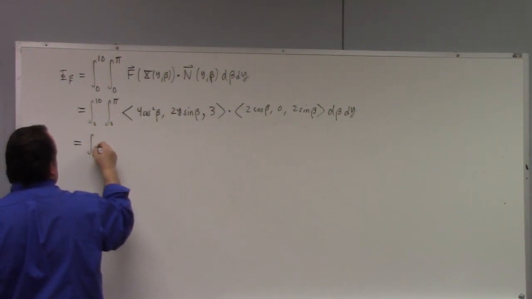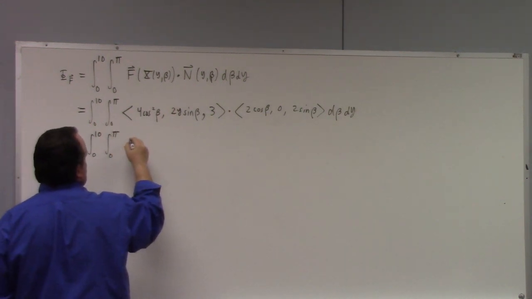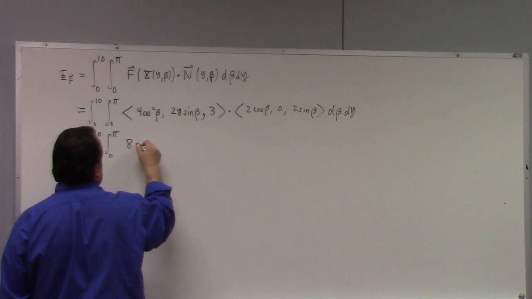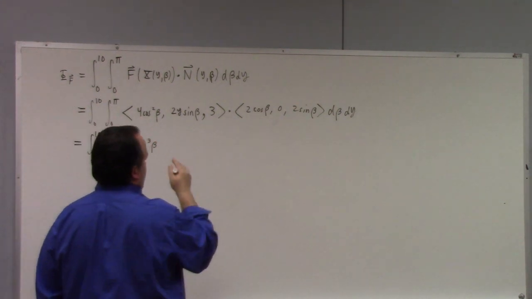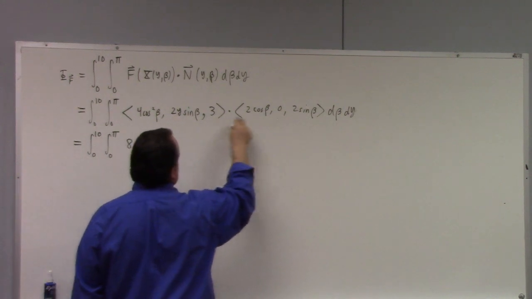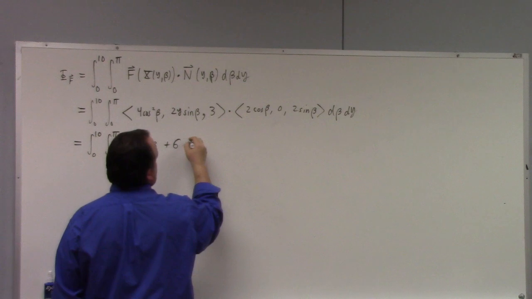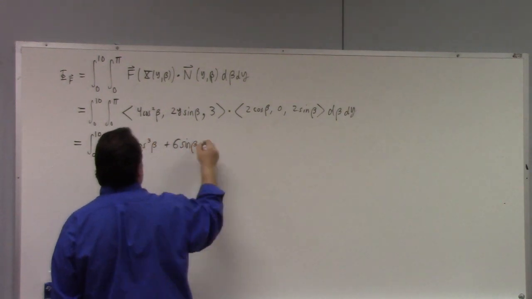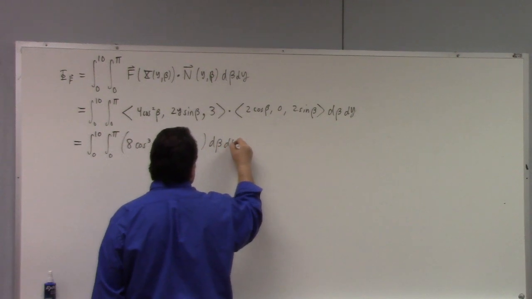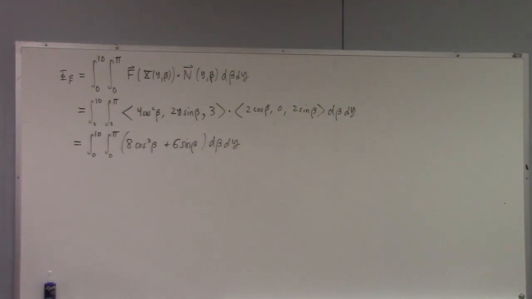All right, so we're up against the integral from 0 to 10, integral from 0 to pi of apparently 8 cosine cubed beta, that dot, I love 0, 0, and then plus 6 sine beta, d beta dy. That's interesting. So the y integral is trivial.